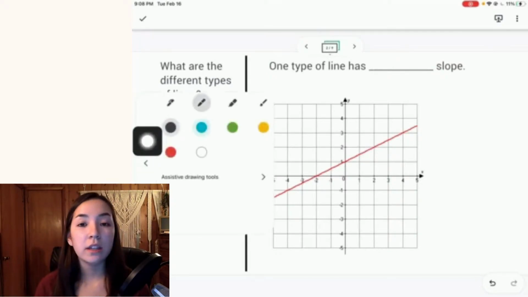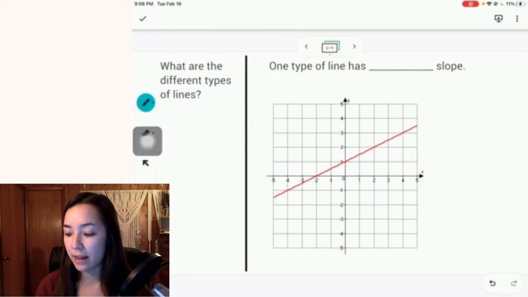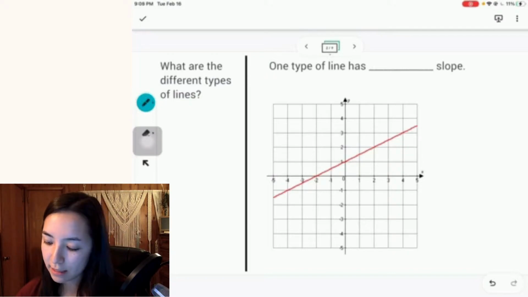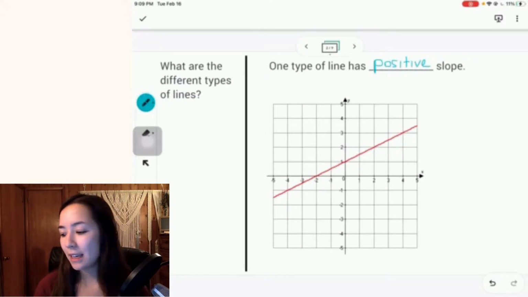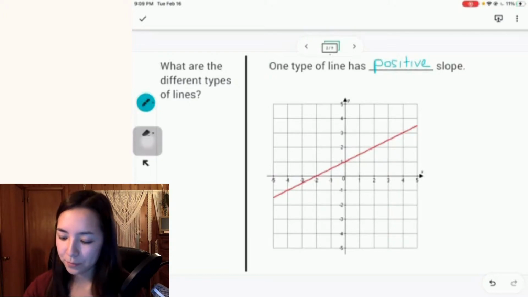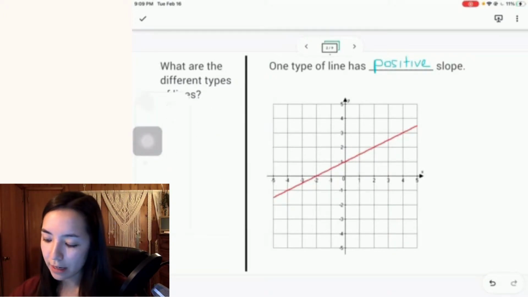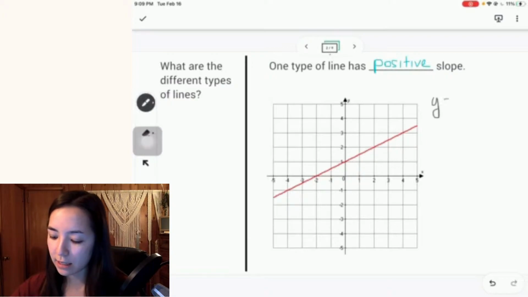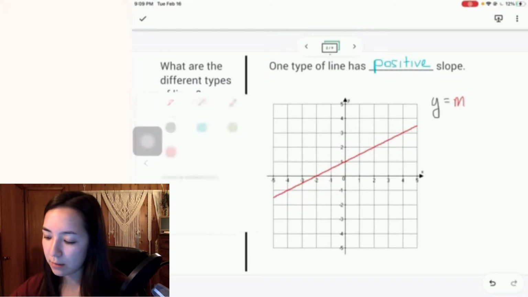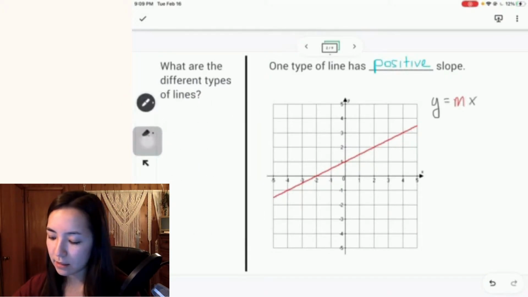So the first type of line we're going to look at is a line that has positive slope. That just means your line is increasing. We can write our equation using this formula. y equals mx plus b.